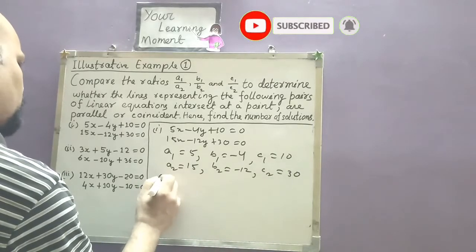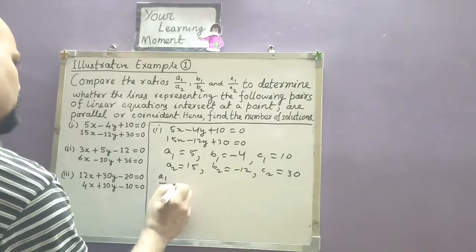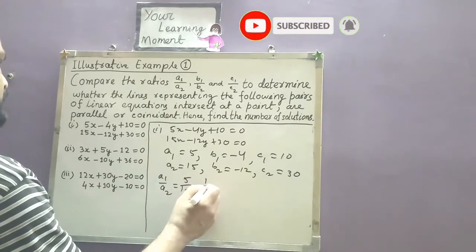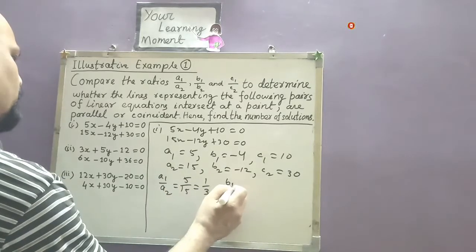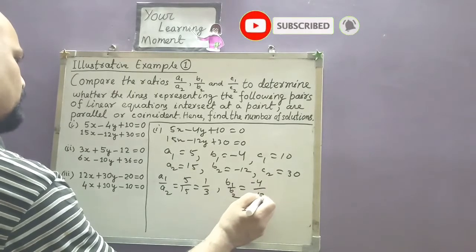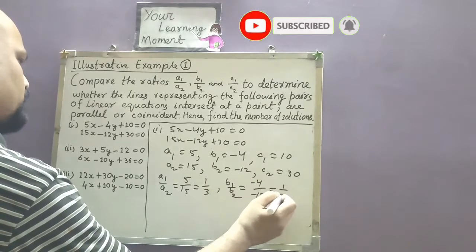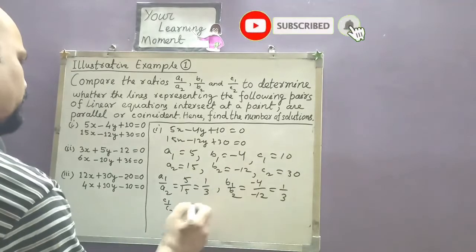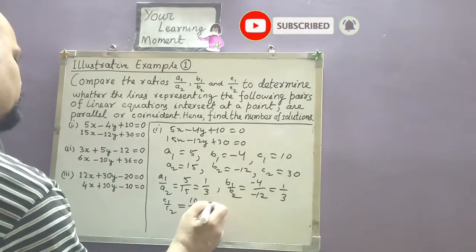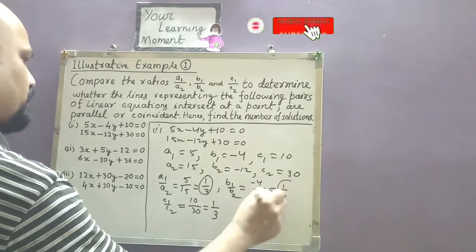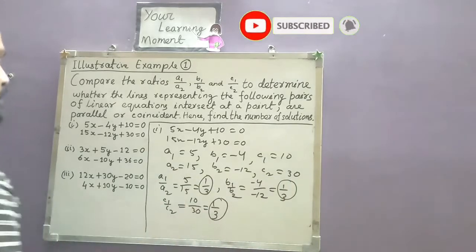So a1 by a2 is 5 by 15, that is 1 by 3. b1 by b2 is minus 4 by minus 12, that is 1 by 3. c1 by c2 is 10 by 30, that is 1 by 3.